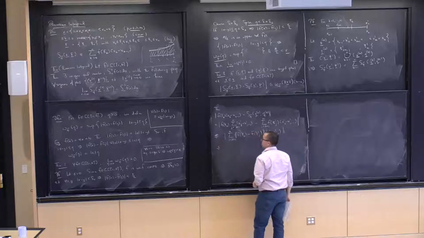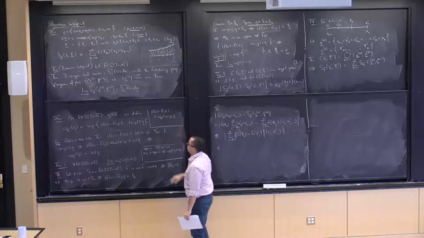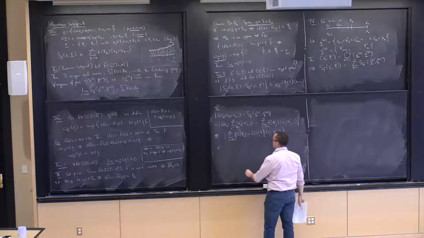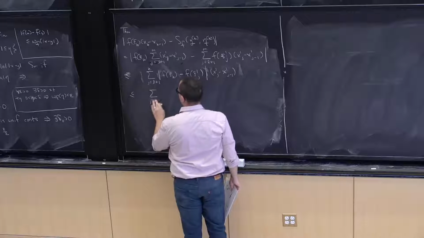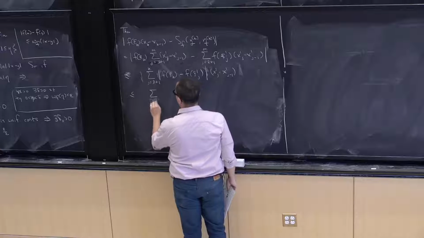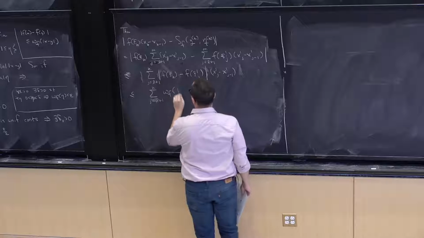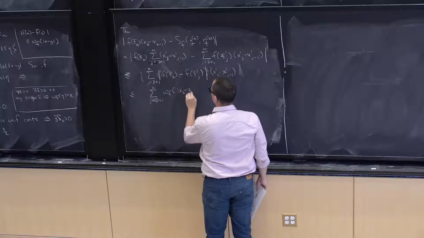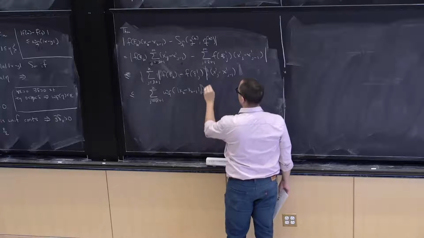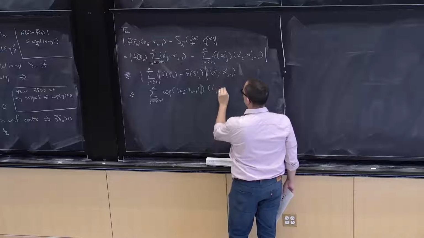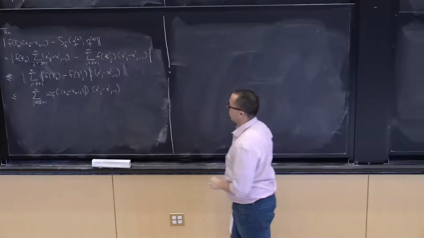By what I wrote up there, which follows simply from the definition of the modulus of continuity, this is less than or equal to omega_f of (x_k minus x_{k-1}) times (x prime_j minus x prime_{j-1}).